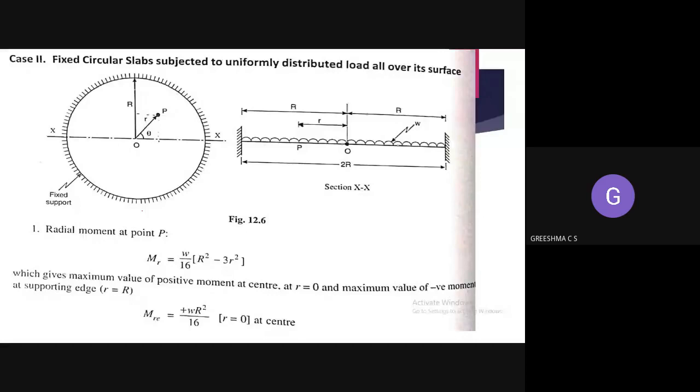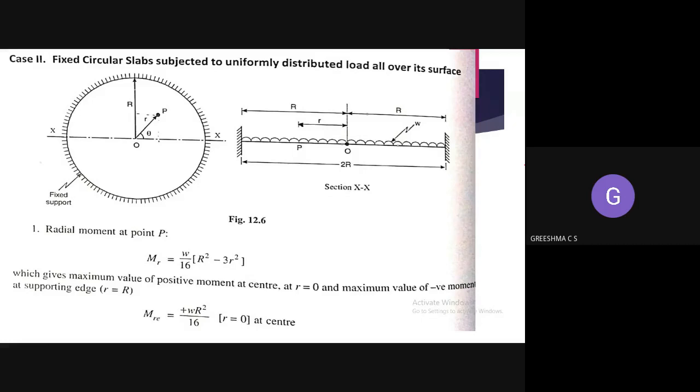Okay, so for the second case, write a fixed circular slab having a uniformly distributed load over it. Same thing: you can take a point P at a distance r from the center, where R is the radius. You can take a section over here. The section will be like this.